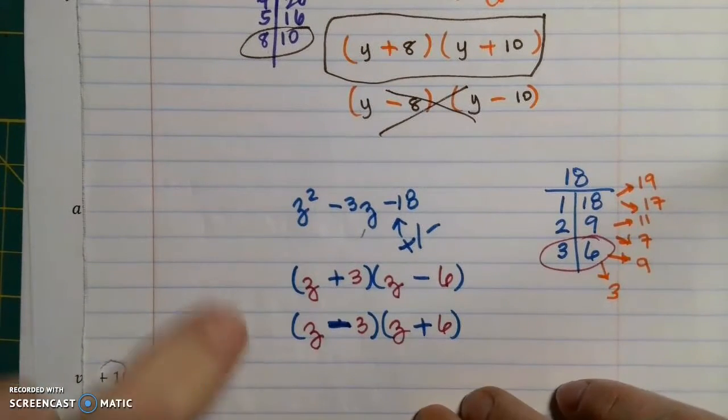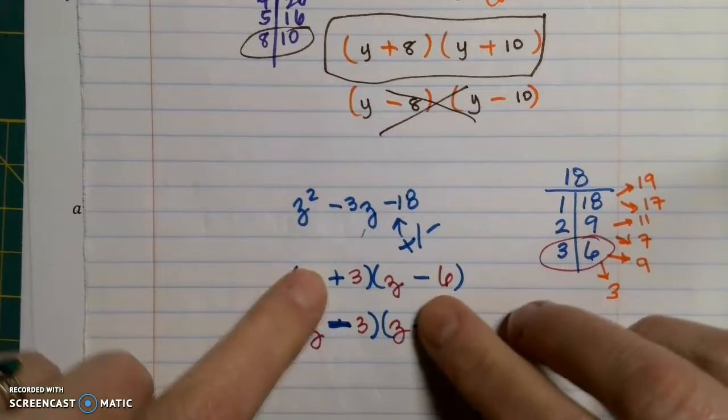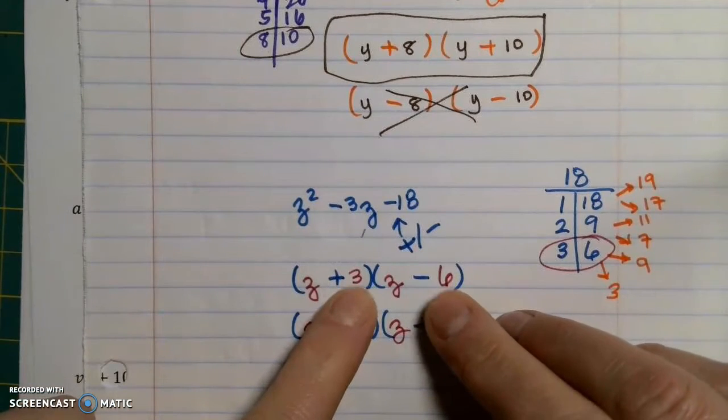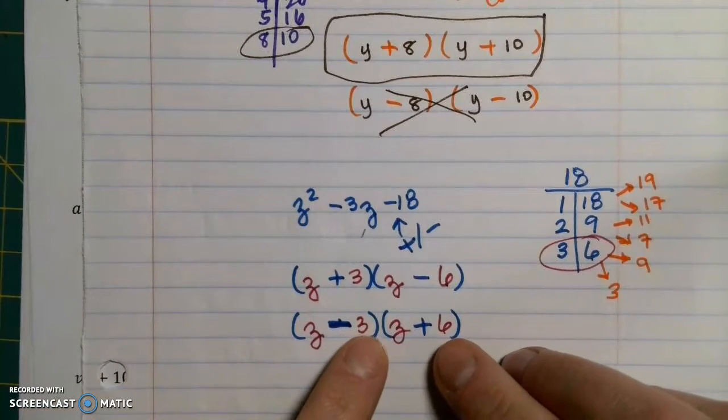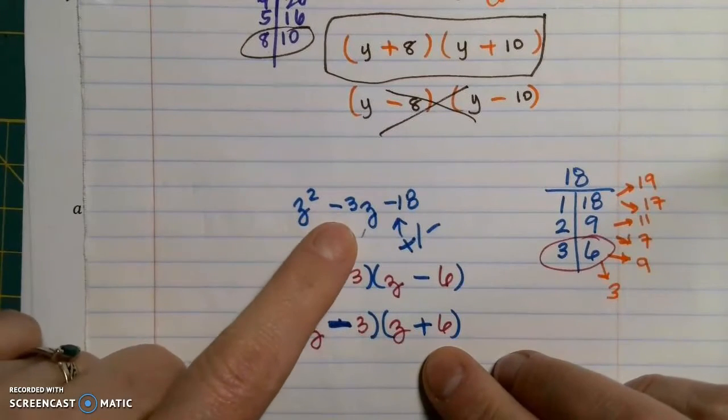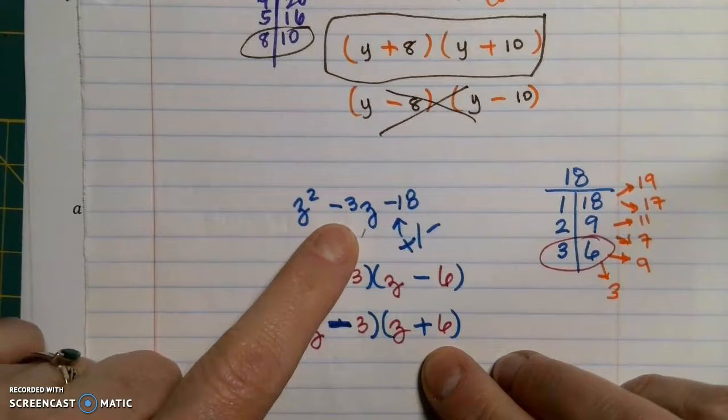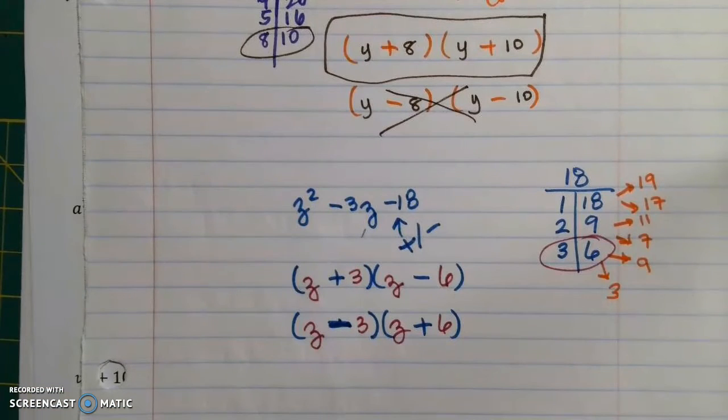All right, so if we look at this, each of these, if I multiply the constants, 3 times negative 6 is going to give me the negative 18. So same thing here. The question is still, which pair will give me a negative 3z as the middle term?